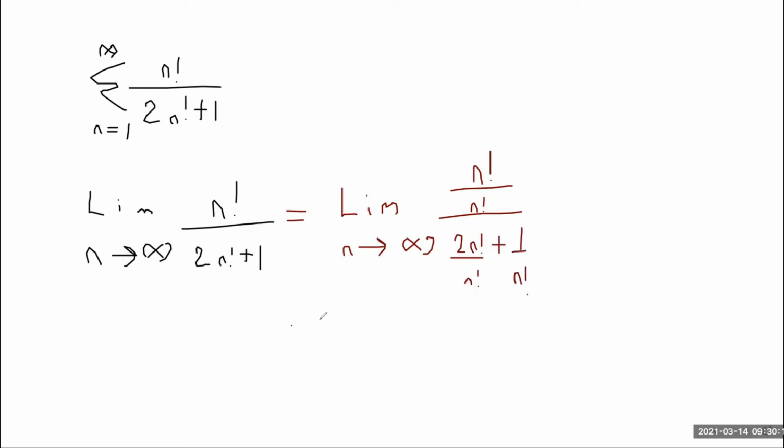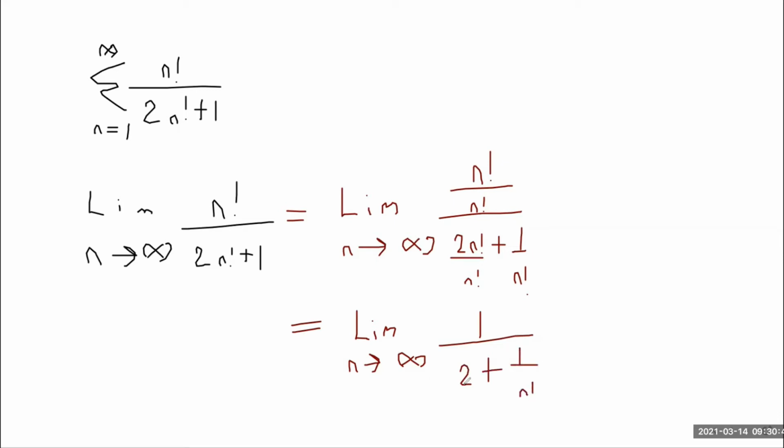Doing that now, what we get is n factorial over n factorial is 1. So we end up with the limit as n approaches infinity of 1 over 2n factorial over n factorial, which is 2, plus 1 over n factorial.